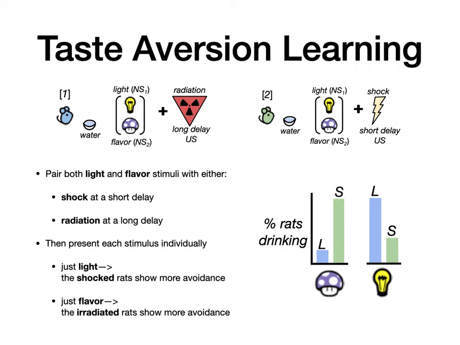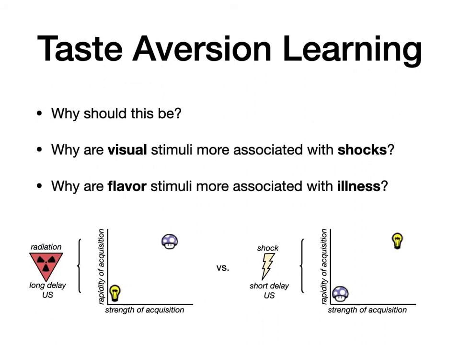So, let's get why. Why should this be? Why are visual stimuli, like the light, more associated with shocks than flavor being more associated with illness, right? You're not going to pair things like light with illness.